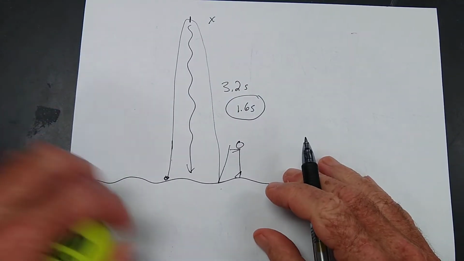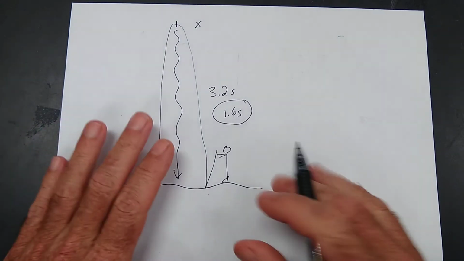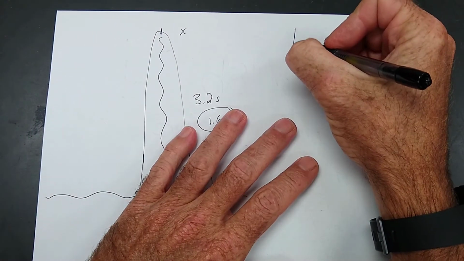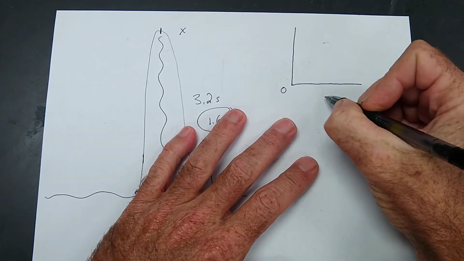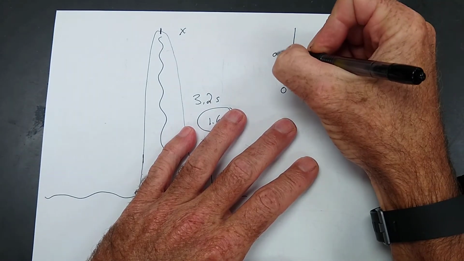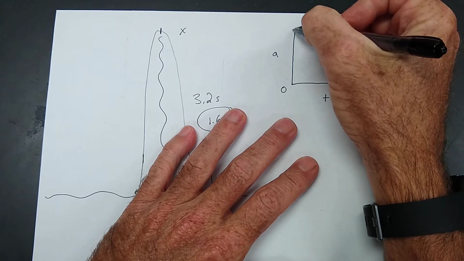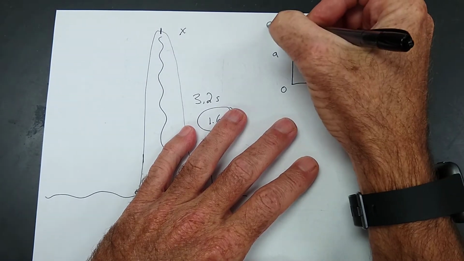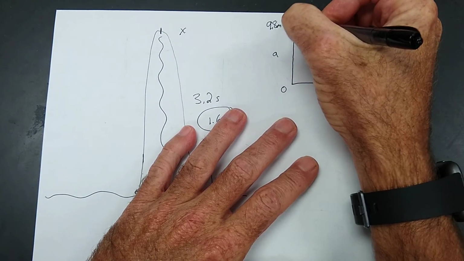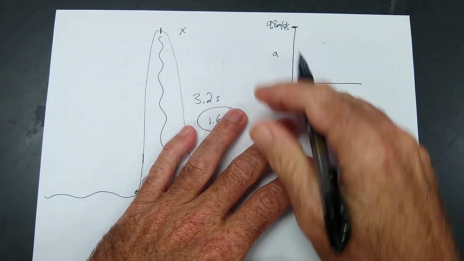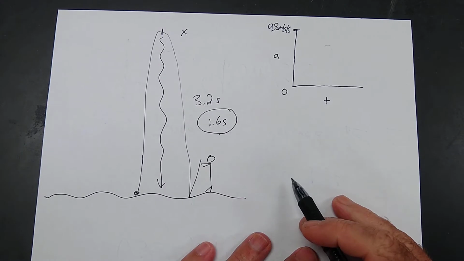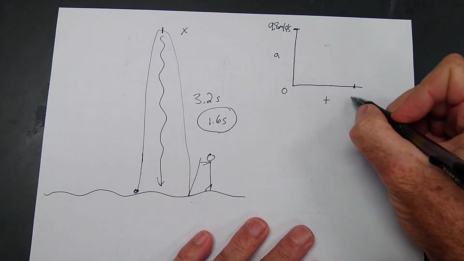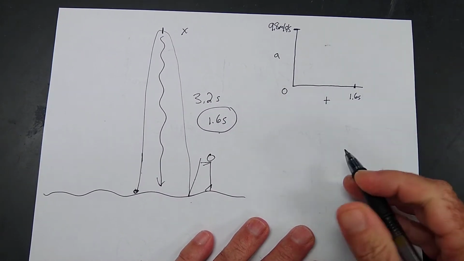Now we're going to make some graphs. First, let's make an acceleration over time graph. We're going to put 0 right here. Time always goes on the bottom. This is acceleration, all right? The acceleration on Earth is 9.8 meters per second every second, all right? How many seconds did this thing fall? Well, it fell for 1.6 seconds.